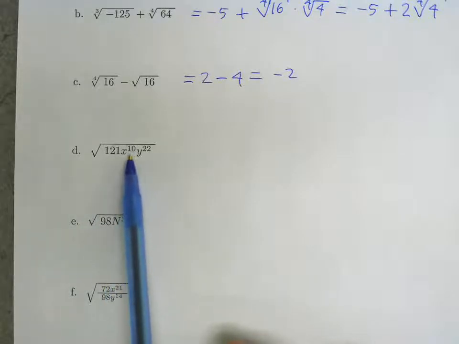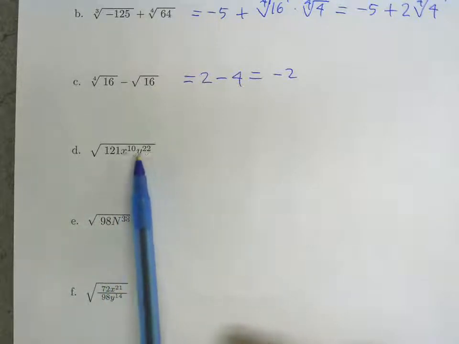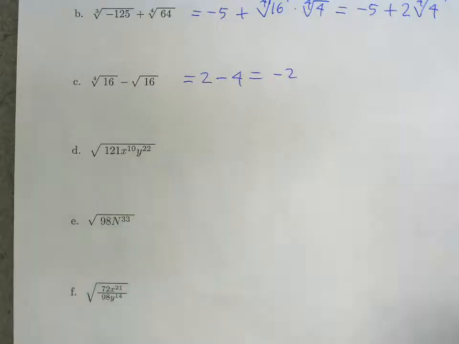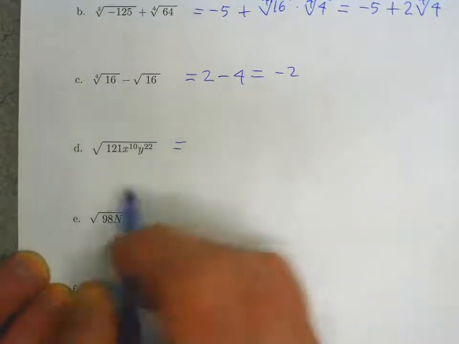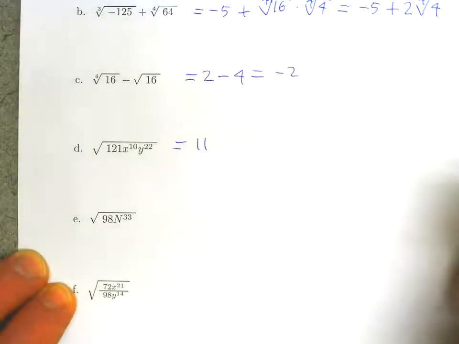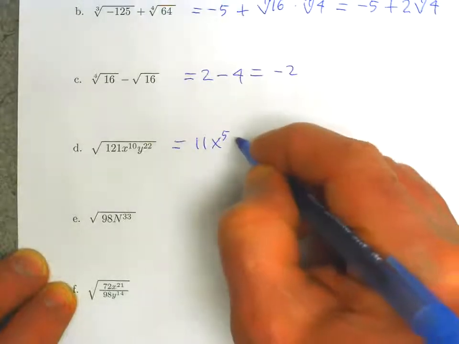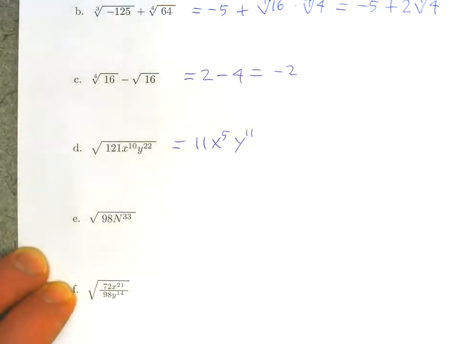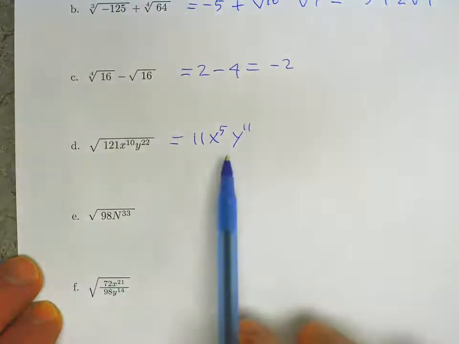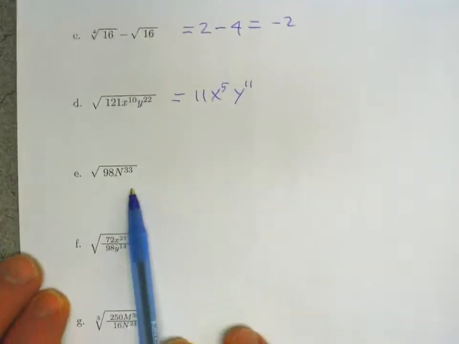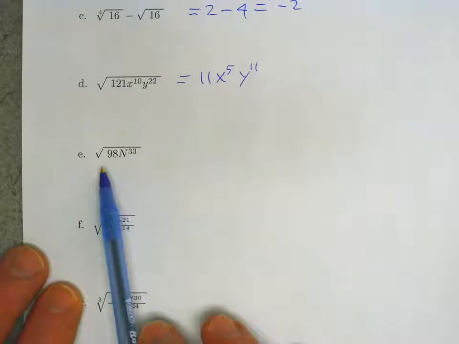X to the 10th and y to the 22nd are both perfect squares because the exponents are multiples of 2. The square root of 121 is 11. The square root of x to the 10th is x to the 5th. And the square root of y to the 22nd is y to the 11th. So that simplifies nicely. Okay, the next one, there's a little more work involved.